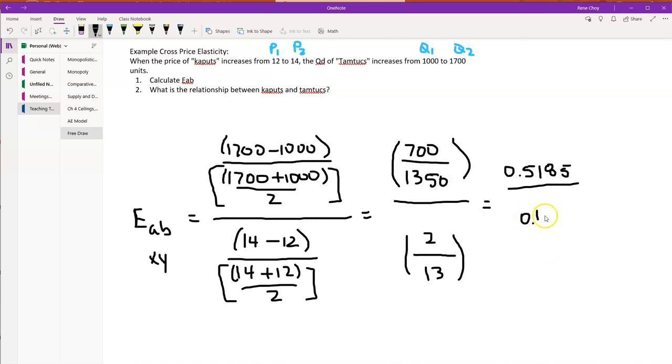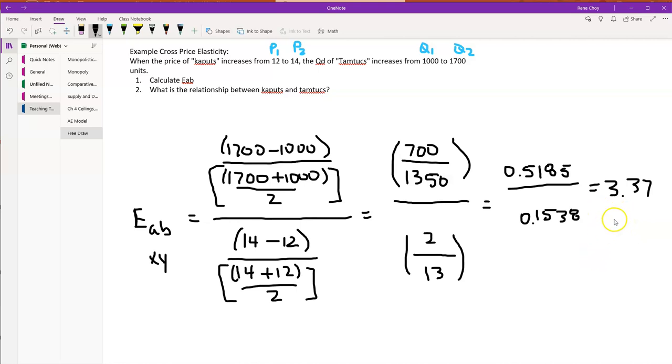So 0.1538. Okay, and then now we solve this. So 0.5185 divided by 0.1538, and that gives me 3.37. And notice that the number is positive.